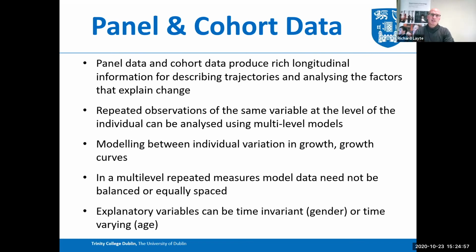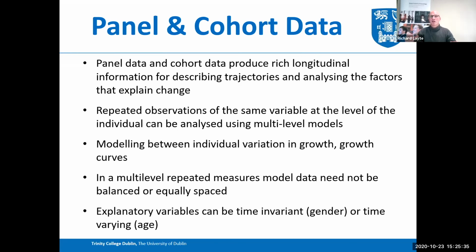Now, panel data and cohort data can produce really rich longitudinal information for describing trajectories and analyzing the factors that explain change over time. If you're lucky, and if they've collected the right data, you get lovely repeated observations of the same variable at the level of the individual, maybe at the level of the household. And what this means is you can use multi-level models to both model the trajectories that people are following and the factors which are predictive of change, because you've got multiple observations per person.